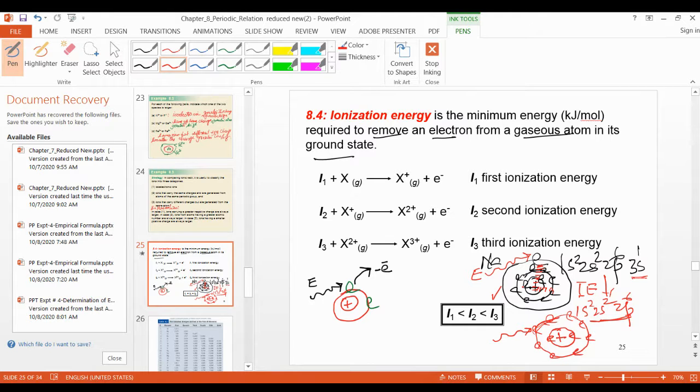The third shell is away from the nucleus, with less force of attraction between nucleus and electron. But the first shell's electrons are highly bonded to the nucleus with a greater force. So it requires more energy to remove an electron from the first shell as compared to the second shell, and the second compared to the third shell. If it is not clear, please ask me now. Any question?